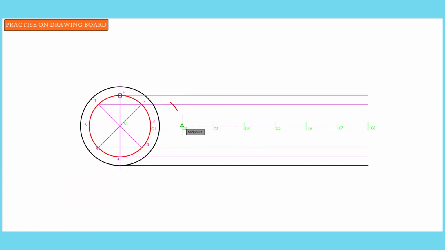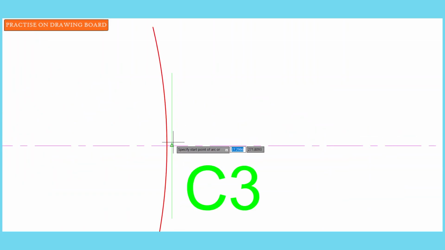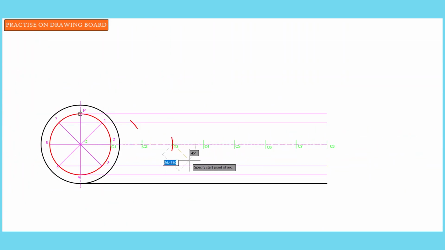Then we move to center 2 with the same radius. We look for the 2 horizontal line and we draw an arc through it. Same radius, we stand at center 3, look for the 3 horizontal line and draw an arc.